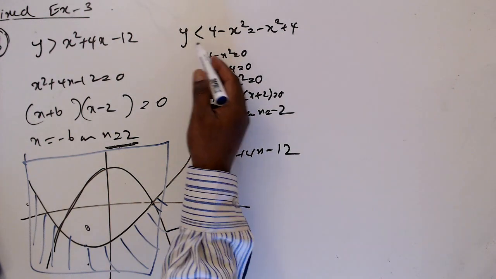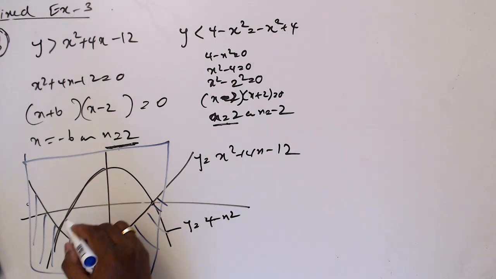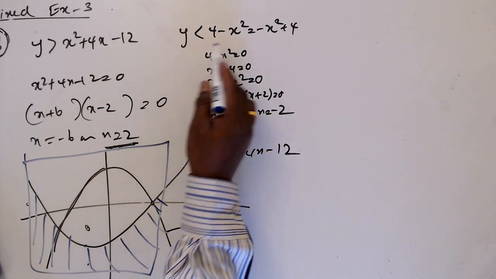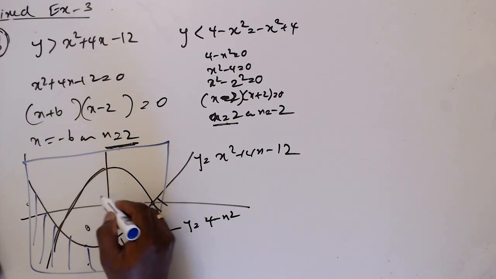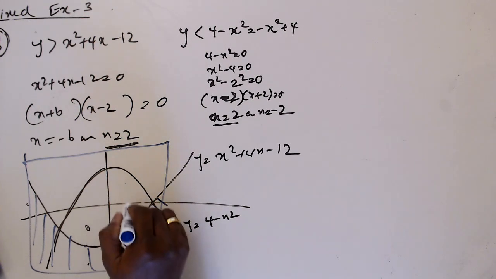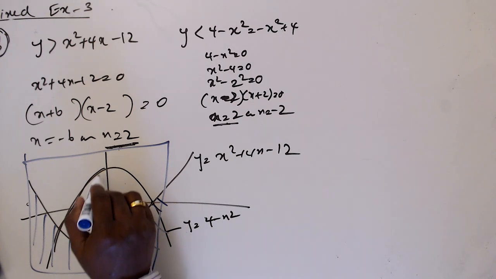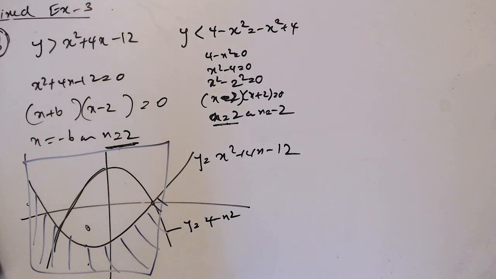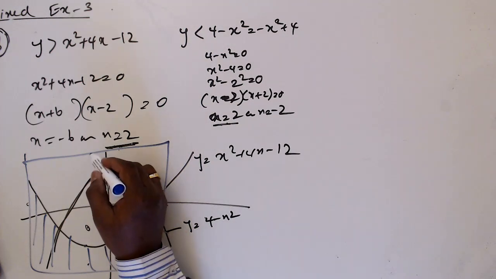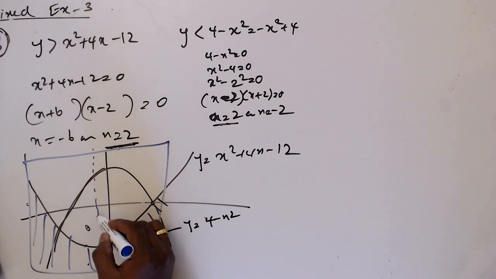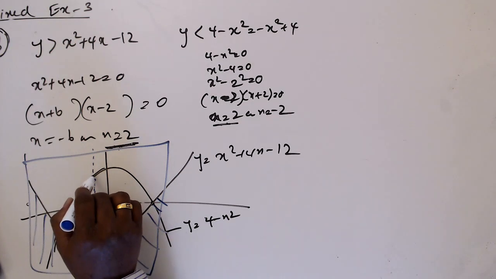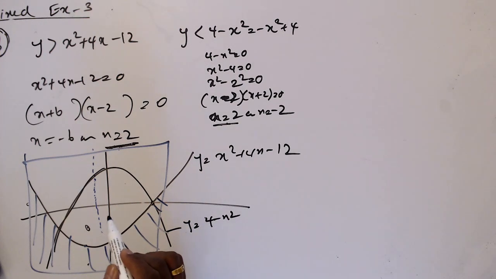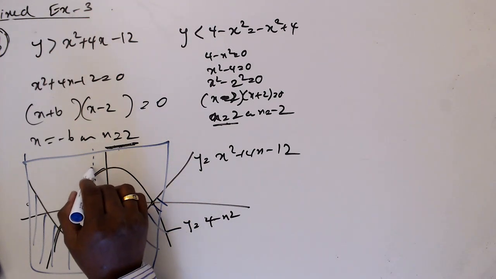Now on this one we need y less than this one. It means this is the curve, and below the curve, all the y values are below the y value of this curve. For that one you have to pick up, as I explained earlier, a particular x value, and then all the y values are less than the y value on this point, and all the y values are greater above.